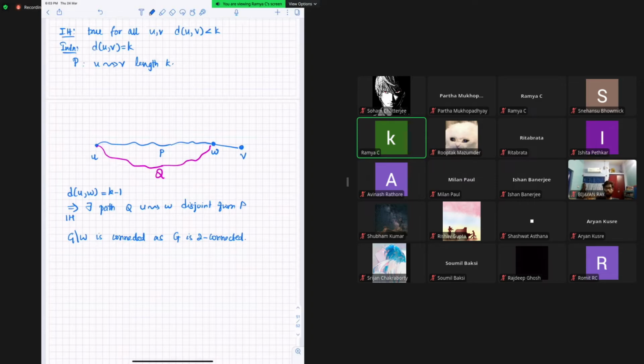Now can somebody tell me some observation about U to V in this graph G minus W? This vertex is not there, but all the other things are still in the graph, and I know that the graph is connected.